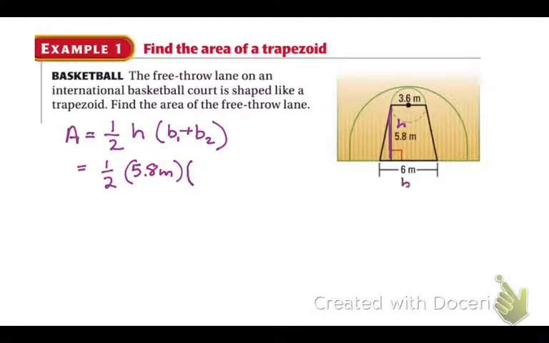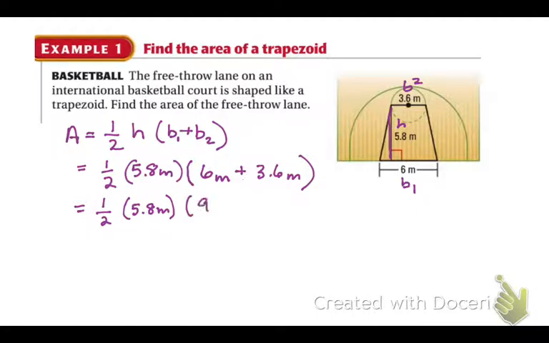We'll call this B1. So B1 is 6 meters plus B2 is 3.6 meters. Notice this is a plus sign, it's not a multiply. So we do what's inside the parentheses first. So we have 5.8 meters times 6 plus 3.6 is equal to 9.6 meters.